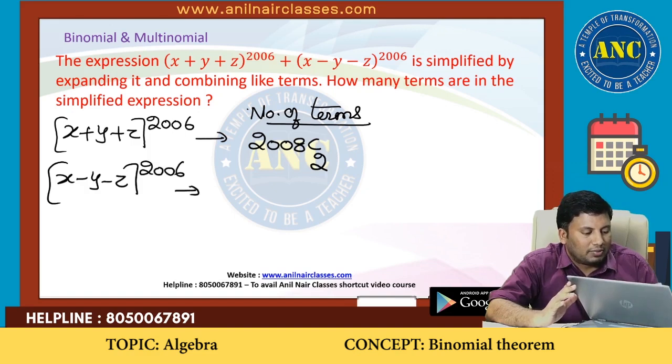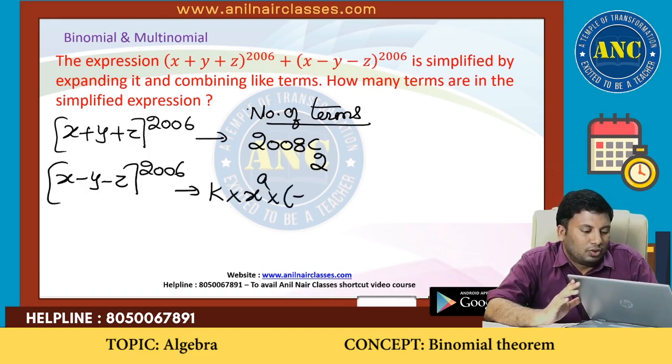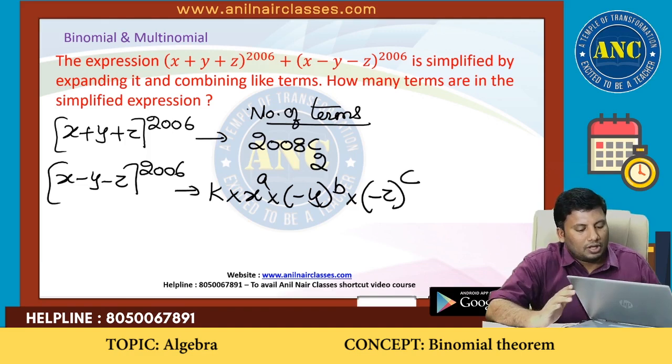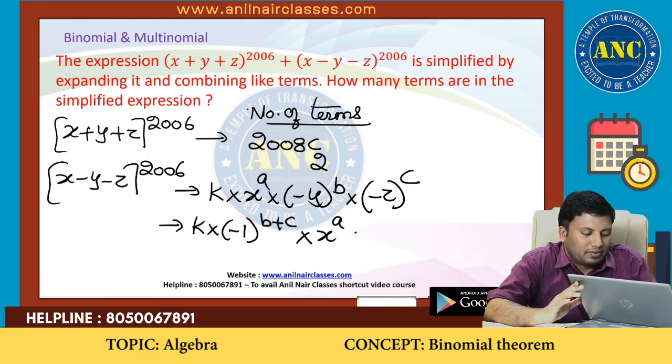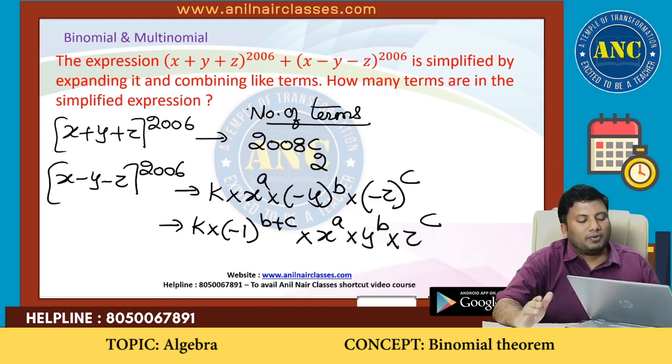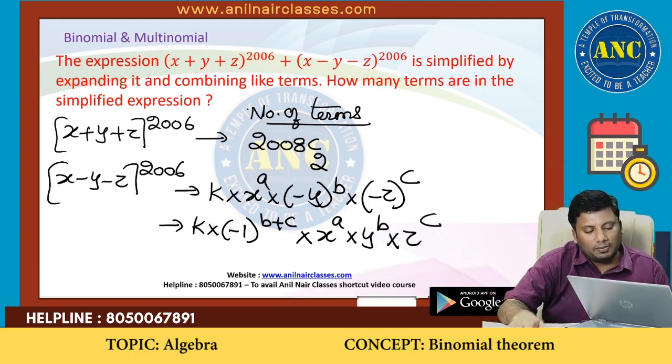This is k into x power a into (minus y) power b into (minus z) power c. This is k into (minus 1) power b plus c into x power a into y power b into z power c.